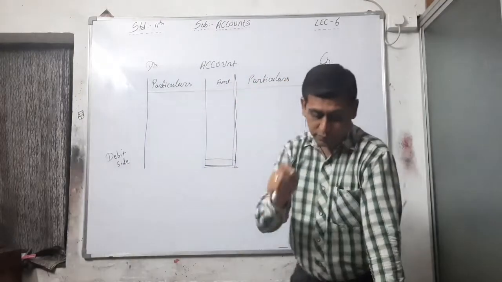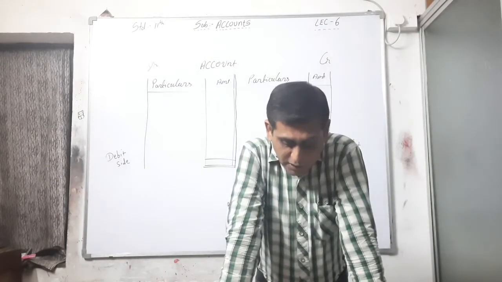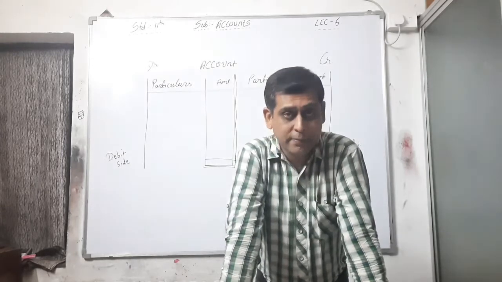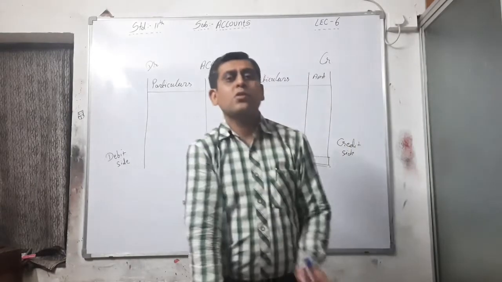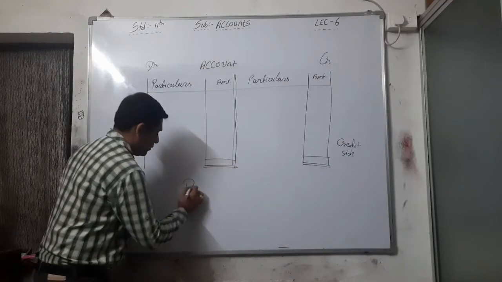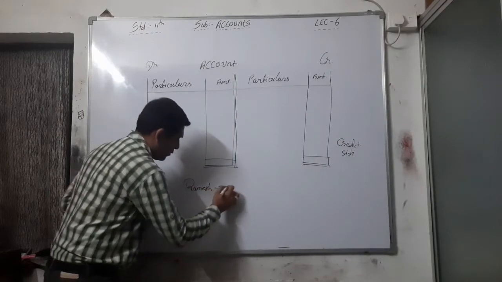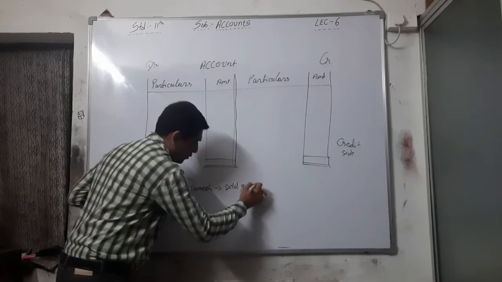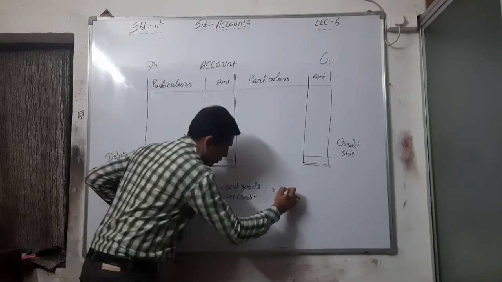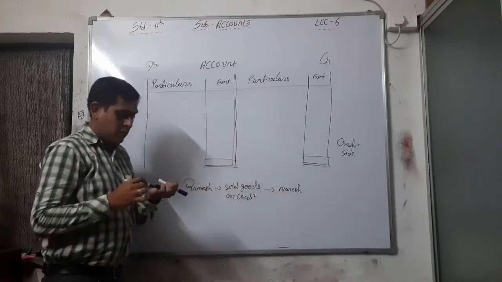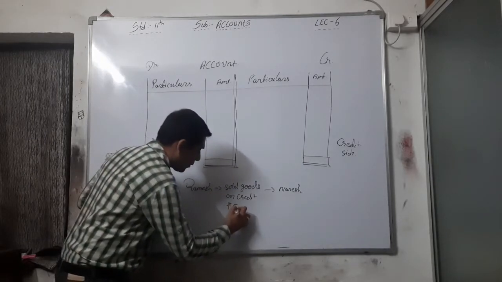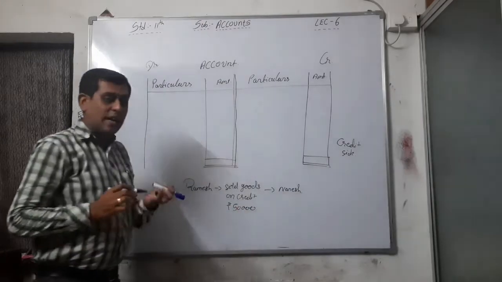What is an account? Business transactions pertaining to certain items and persons take place frequently. It means what? Ramesh sold goods to Naresh, a simple example. And Naresh is giving a promise to pay these rupees 50,000 in 15 days.